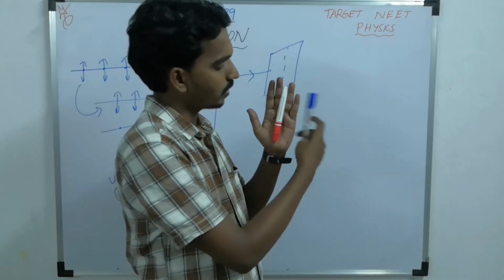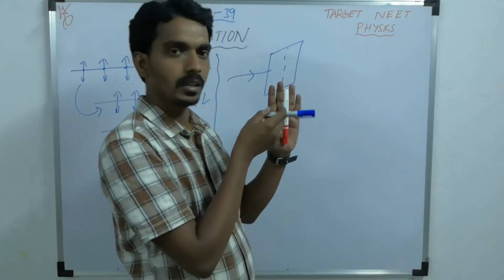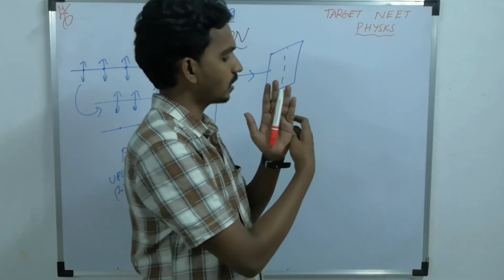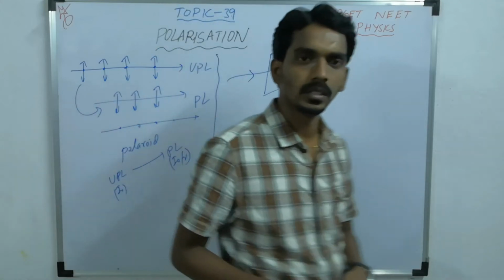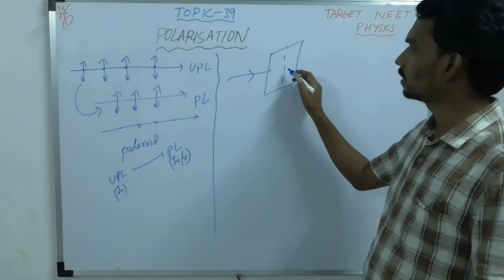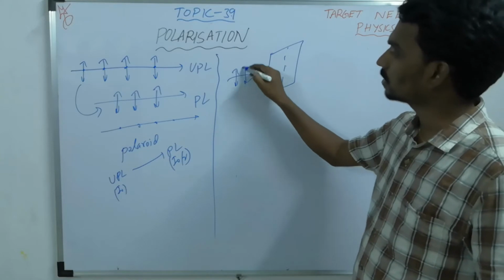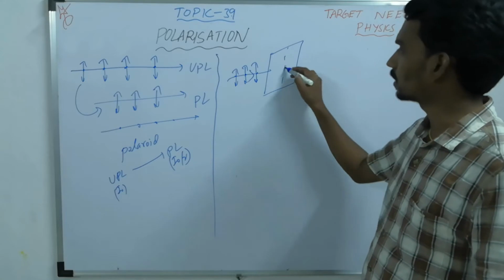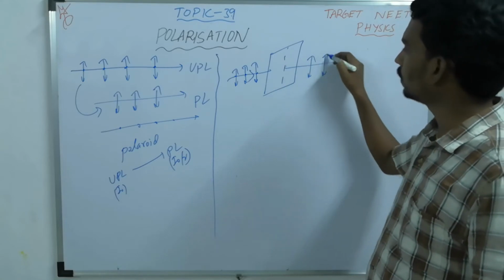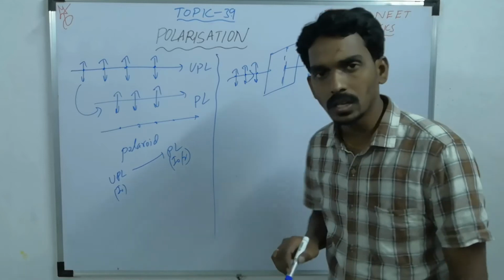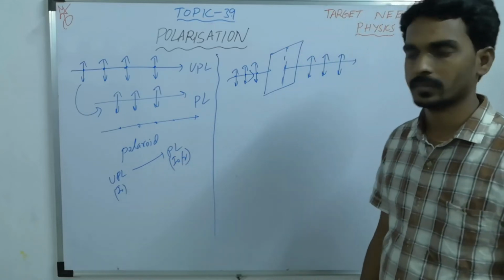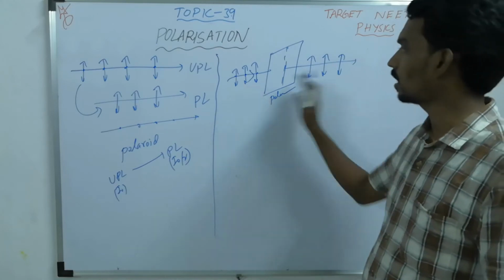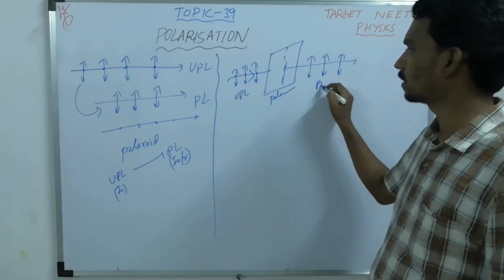The parallel component emerges out and the perpendicular component is rejected. So all parallel components emerge out. In that manner, unpolarized light, which has field in all possible directions, comes out with the field vector parallel only to the transmission axis. So this device is called a polarizer, converting unpolarized light to polarized light.